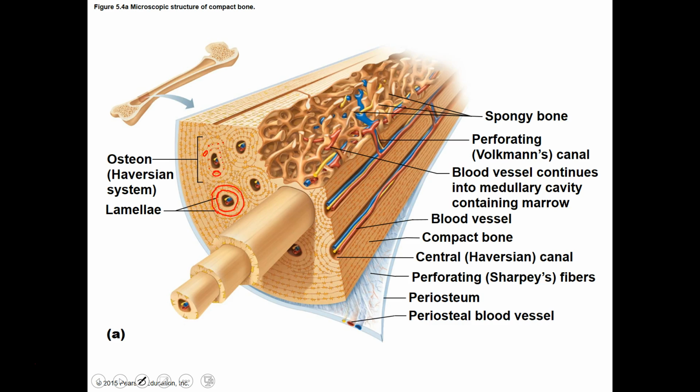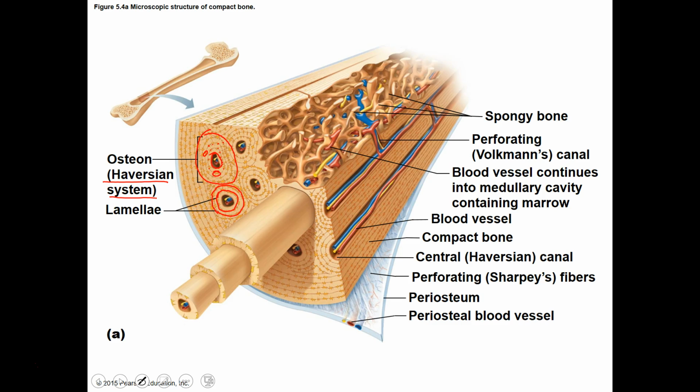And then now we've got this Haversian canal, this canal right here in the middle. The lamellae, lacunae, osteocytes, and the blood vessels in the middle all make up the Haversian system. So basically, we've got this canal down the middle that has an artery and a vein and usually a nerve.